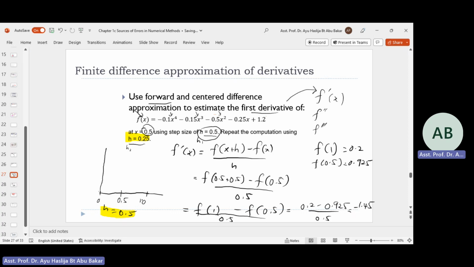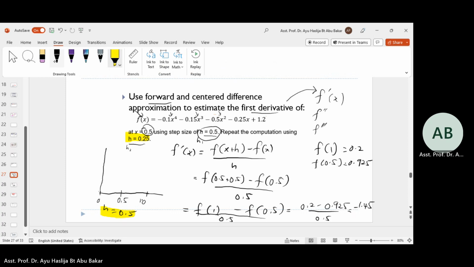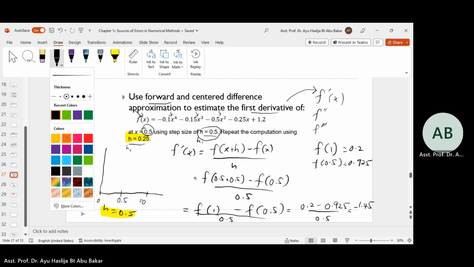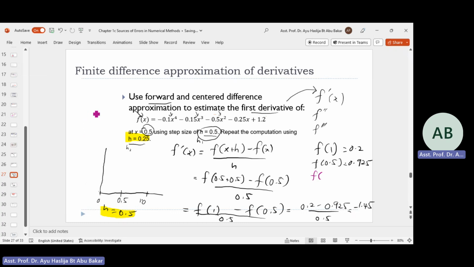With similar method, replace the h with 0.25. So if h is 0.25, you will need to find f 0.75, right?